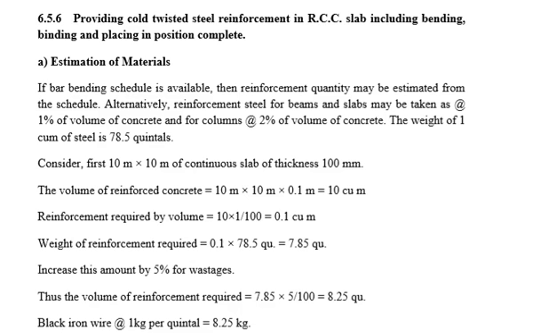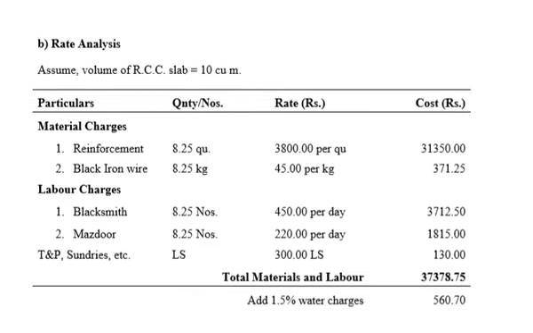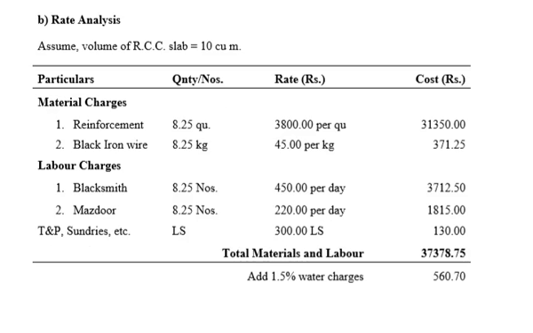Next, now come to the rate analysis, that is part B. Here for rate analysis, what is our quantity of the RCC slab? That is 10 cross 10 into 100 mm, so that will be 10 cubic meter. Now what is the number one material? Material is reinforcement.